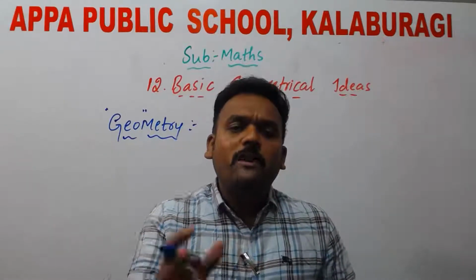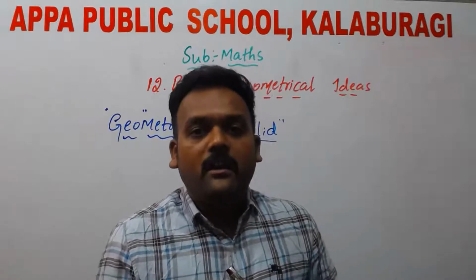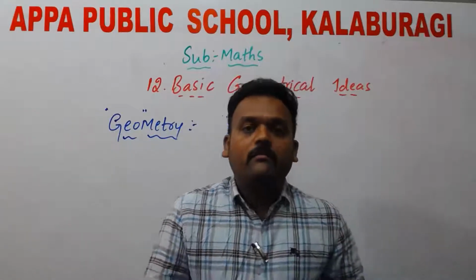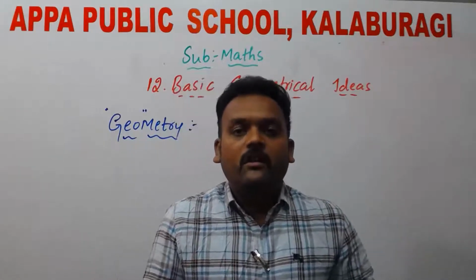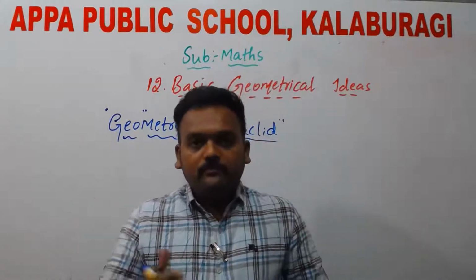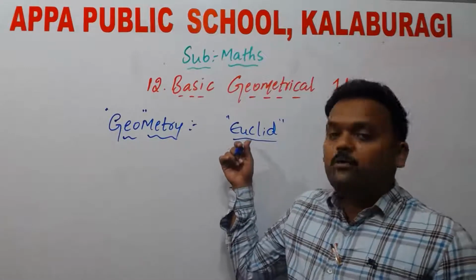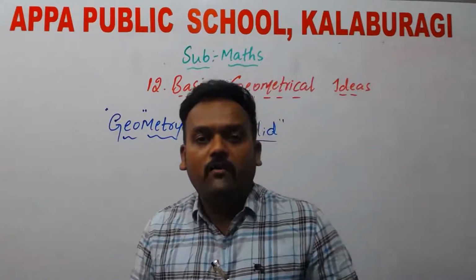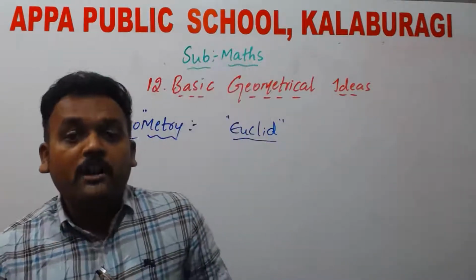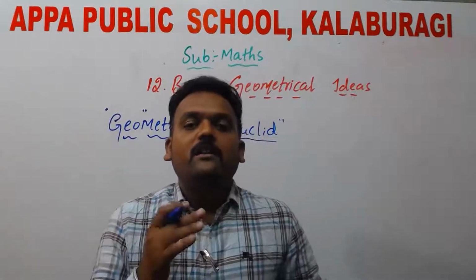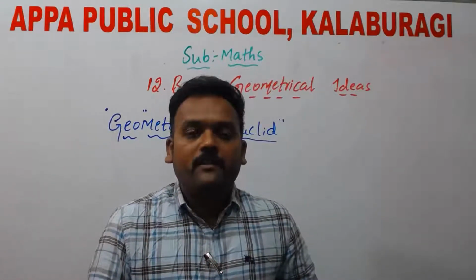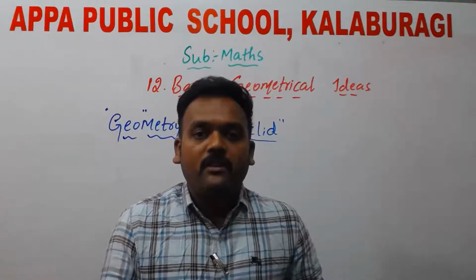Mathematics contains so many branches: arithmetic, geometry, then algebra. So many branches are there. Who is the father of geometry? Euclid is the father of geometry. Geometry is a branch of mathematics that deals with shapes and figures.